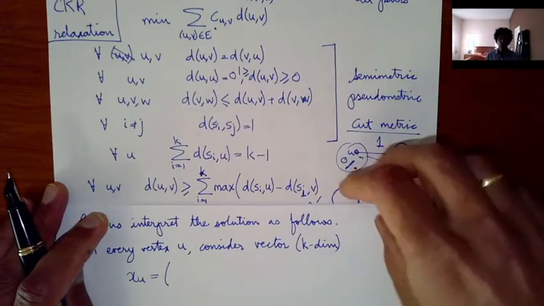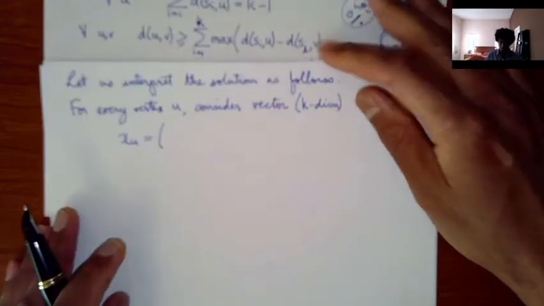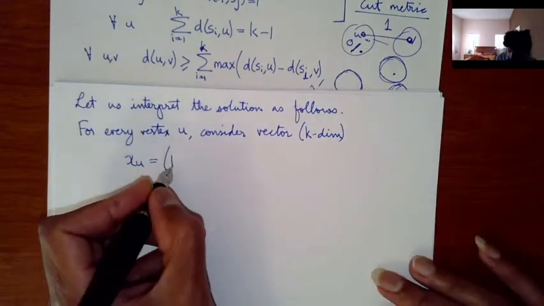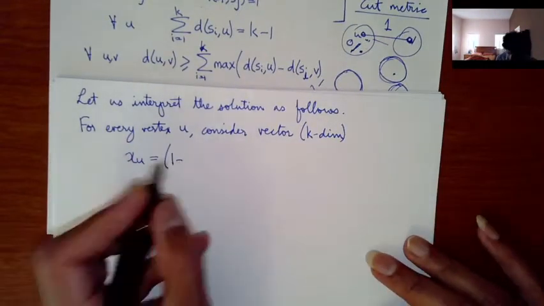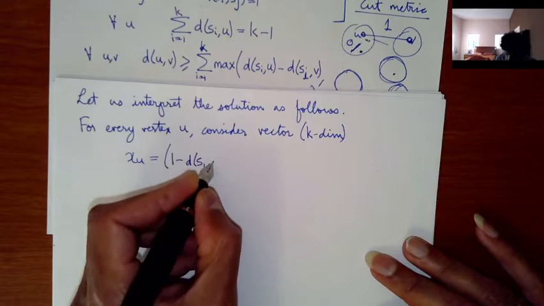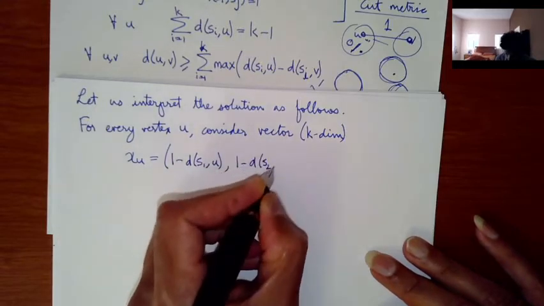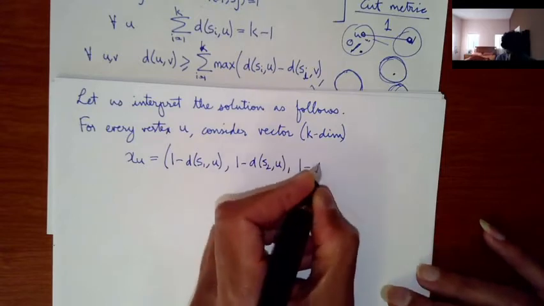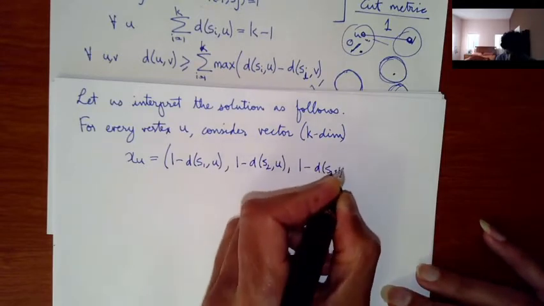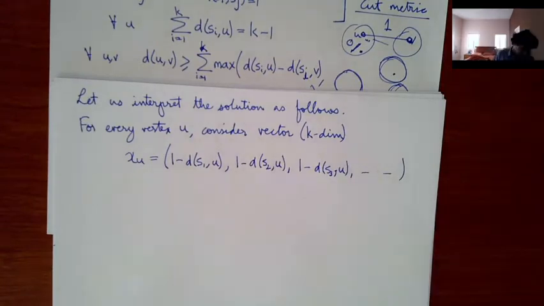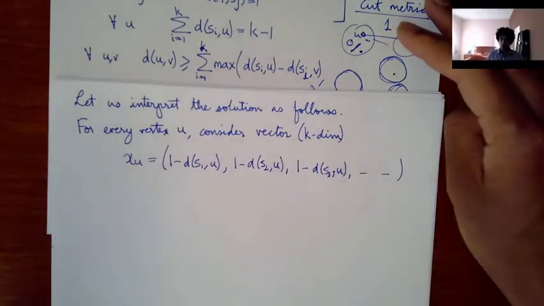All the distances are at most 1. So x_u is going to be: 1 minus the distance of S1 to u, 1 minus the distance of S2 to u, 1 minus the distance of S3 to u, and so on and so forth.